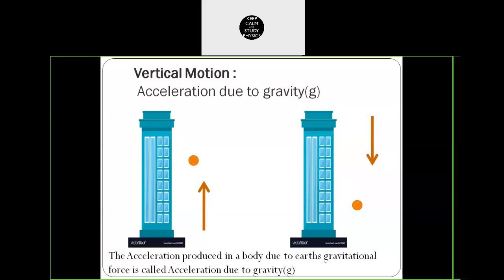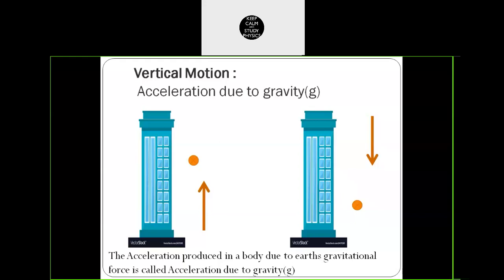It changes from place to place. It will be different at the poles and at the equator. It changes according to geographical nature. If concrete buildings are more, it will be different. If there is a forest, then there will be a difference in acceleration due to gravity. It depends on so many geographical factors.